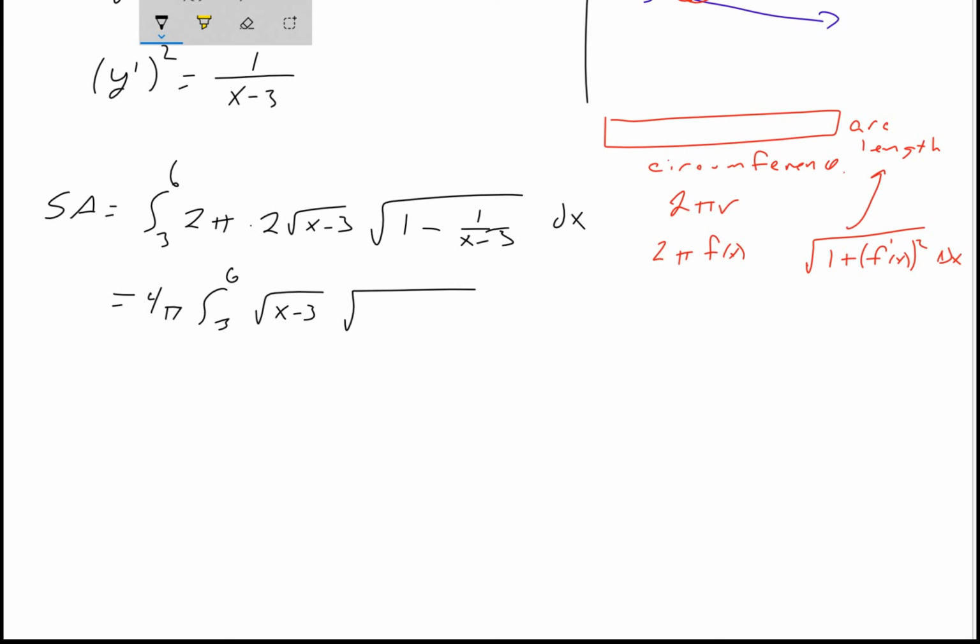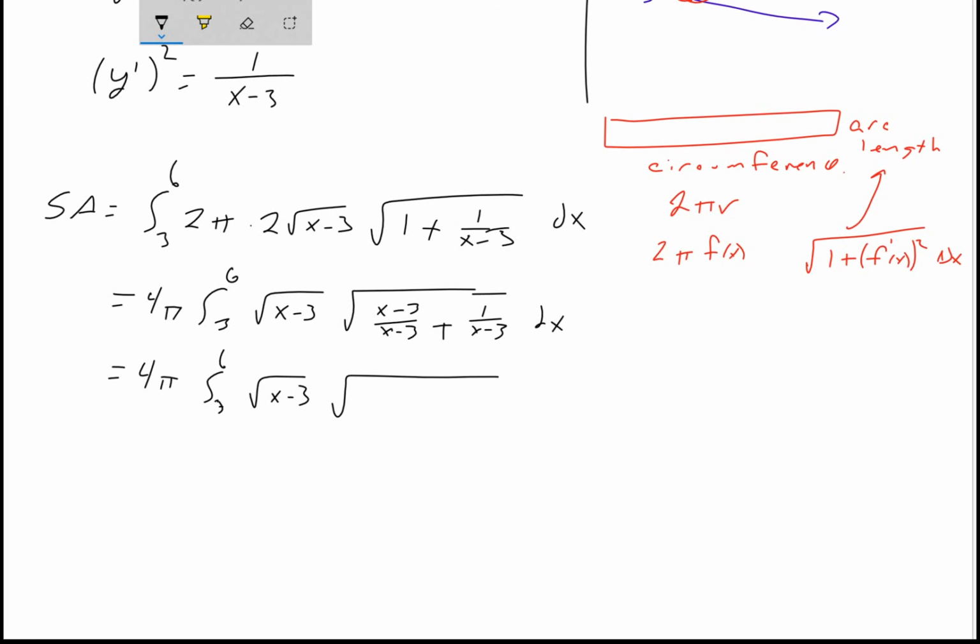Now I'm going to get a common denominator. Okay, so that's going to be x minus 3 over x minus 3. That's supposed to be a 3. Now when I combine those, that should be a plus.